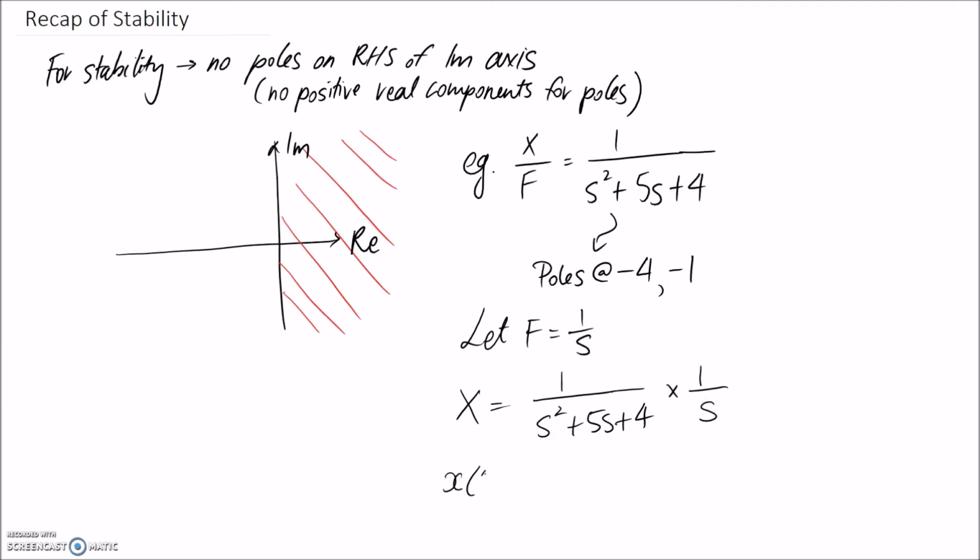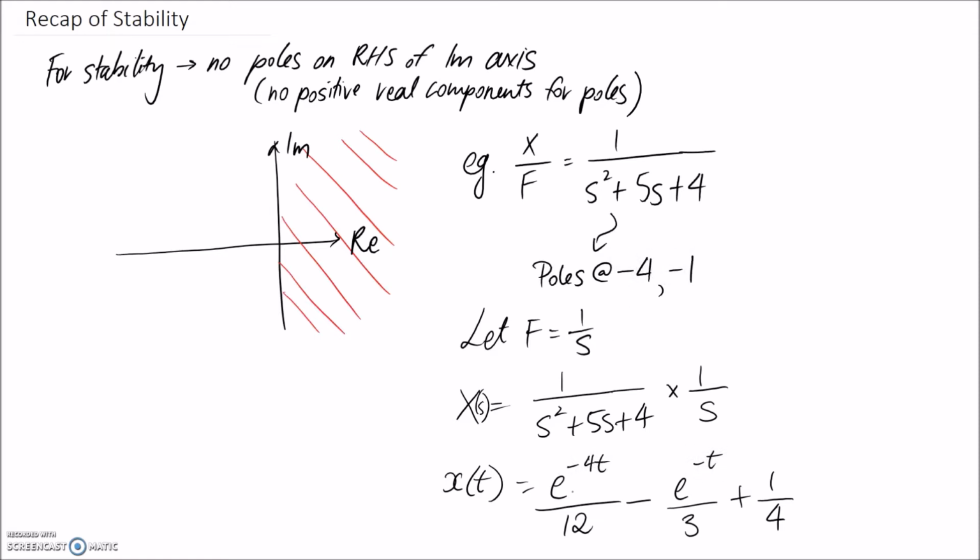If we want to make it as a function of time, all we need to do is perform the inverse Laplace transform, and I've taken this from Wolfram Alpha. What we notice is that the poles that we worked out end up appearing in the exponentials.